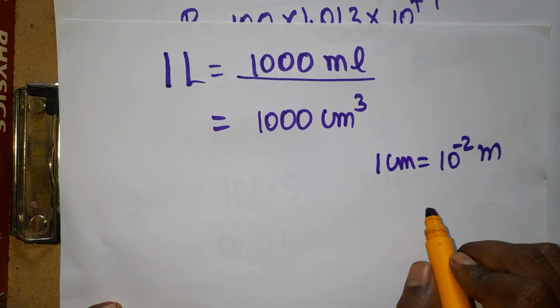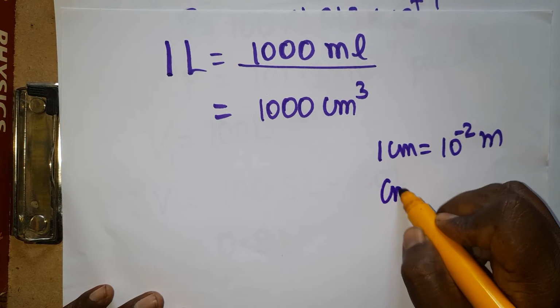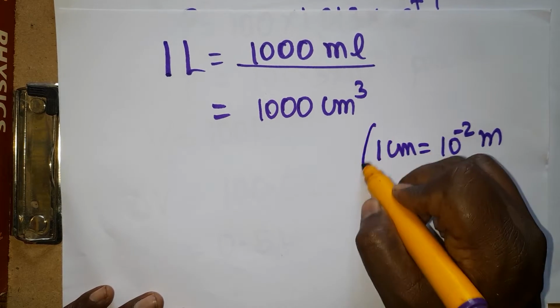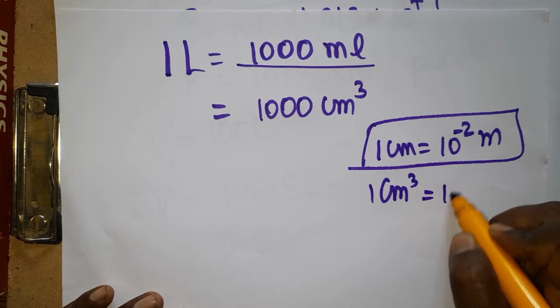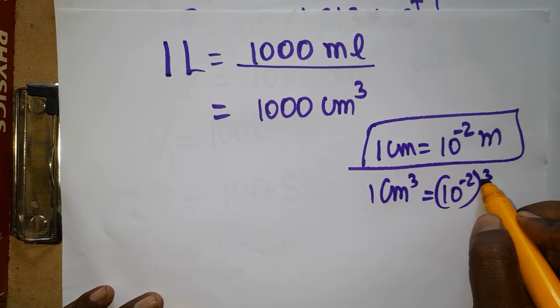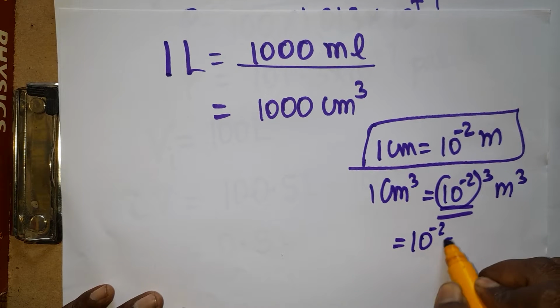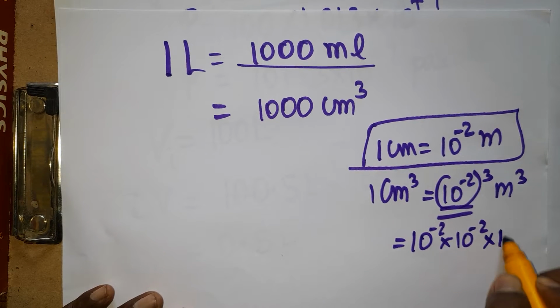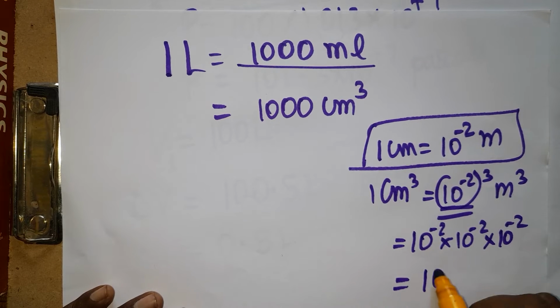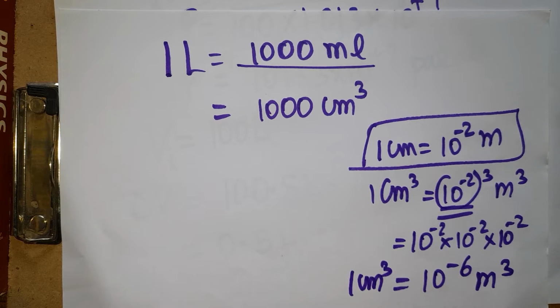So we cube this: 10 power minus 2 cube, meter cube. Writing it three times, 10 power minus 2 into 10 power minus 2 into 10 power minus 2, we get 10 power minus 6 meter cube equal to 1 centimeter cube. You may ask, sir, why are you doing this?